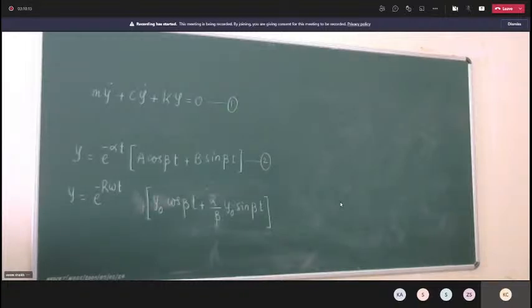One is the term of e raised to minus zeta omega t, other is cos beta t, and then third is sin beta t. How the graph will be, it is difficult to work out. But you can simplify the bracket. Instead of having two trigonometric terms, you can convert it to one trigonometric term. Can you do it?